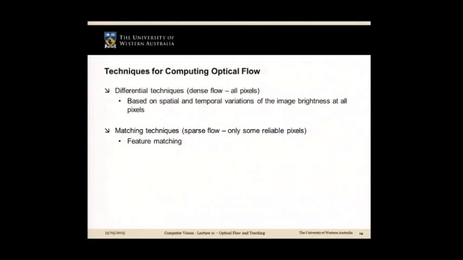The second is the matching technique, which is like a sparse flow. Only some reliable pixel values are used. You detect your features, and then you track those features. You match those features and track the object to accomplish the optical flow process.